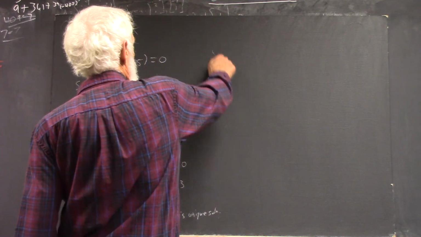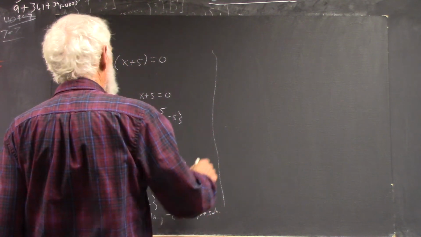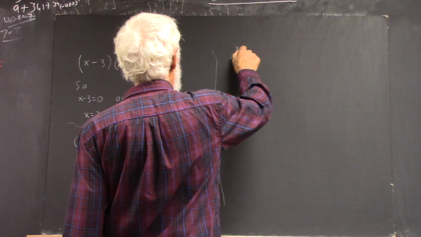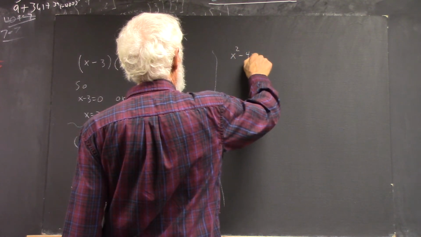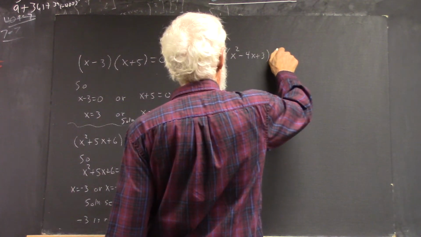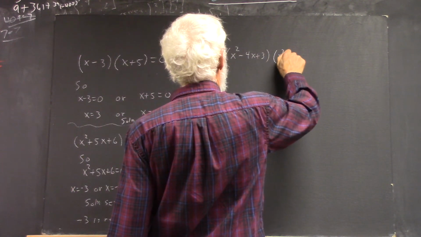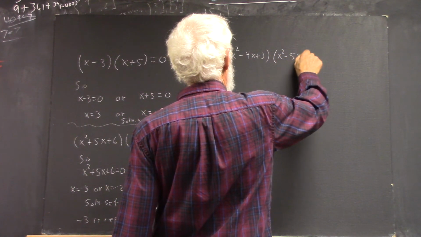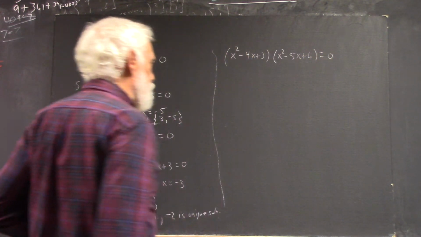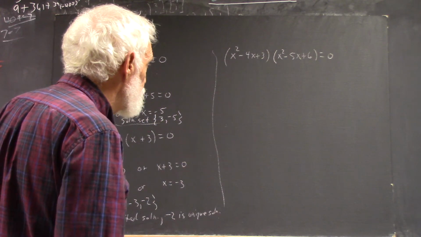expression. So, I'm going to ask you to do a couple. So we've got x squared minus 4x plus 3 times x squared minus 5x plus 6.